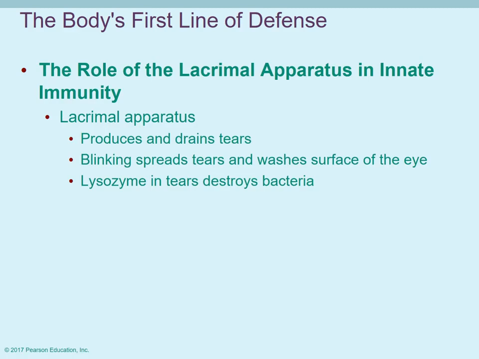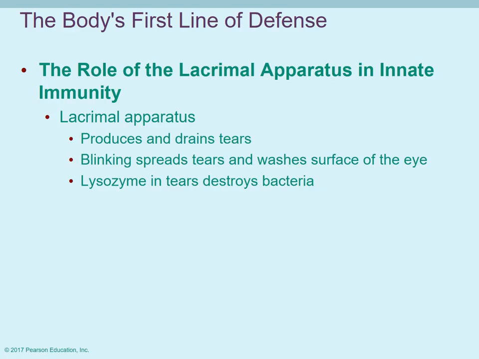The lacrimal apparatus, a lot of people don't think about this, but it does play a huge role in the innate immunity. The lacrimal apparatus is what produces your tears and then drains the tears. Every time you blink your eye, your tears are flushing and washing over the surface of the eye.